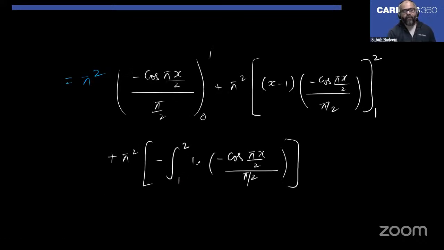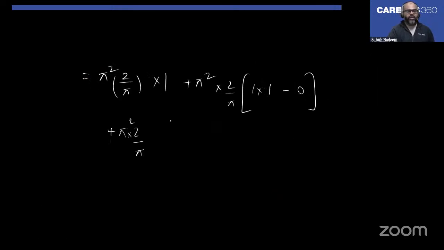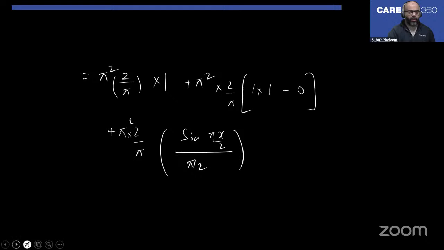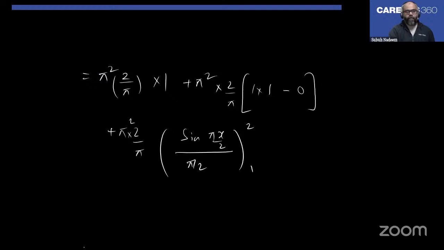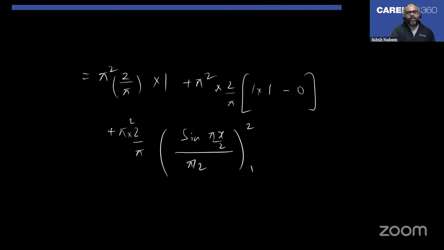And then we have cos(πx/2), which when integrated will give you sin(πx/2) upon π/2. And this is from 1 to 2. So what will be the first term? 2π will come as the first term. What will be the second term? The second term will also be 2π.